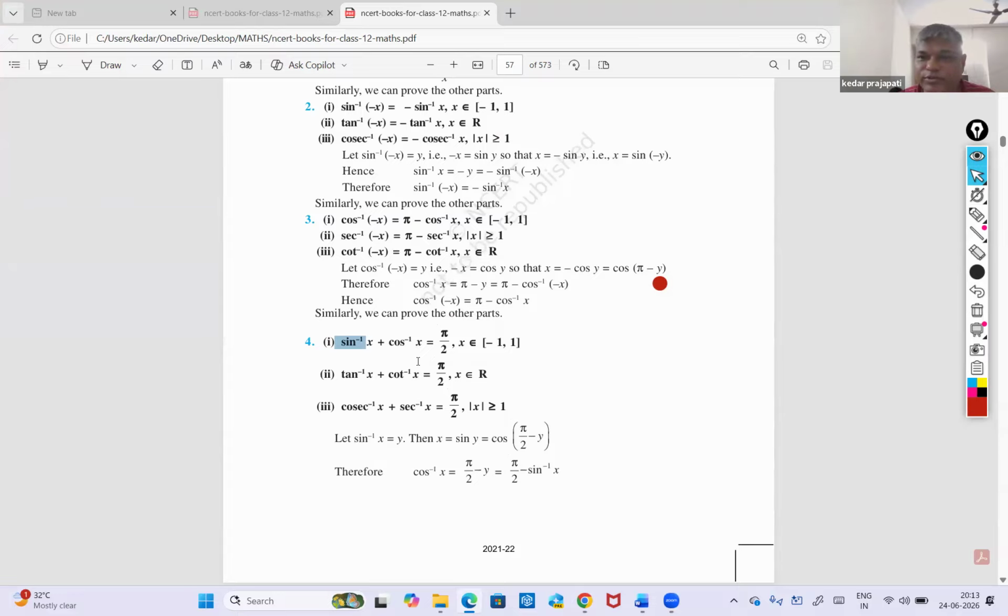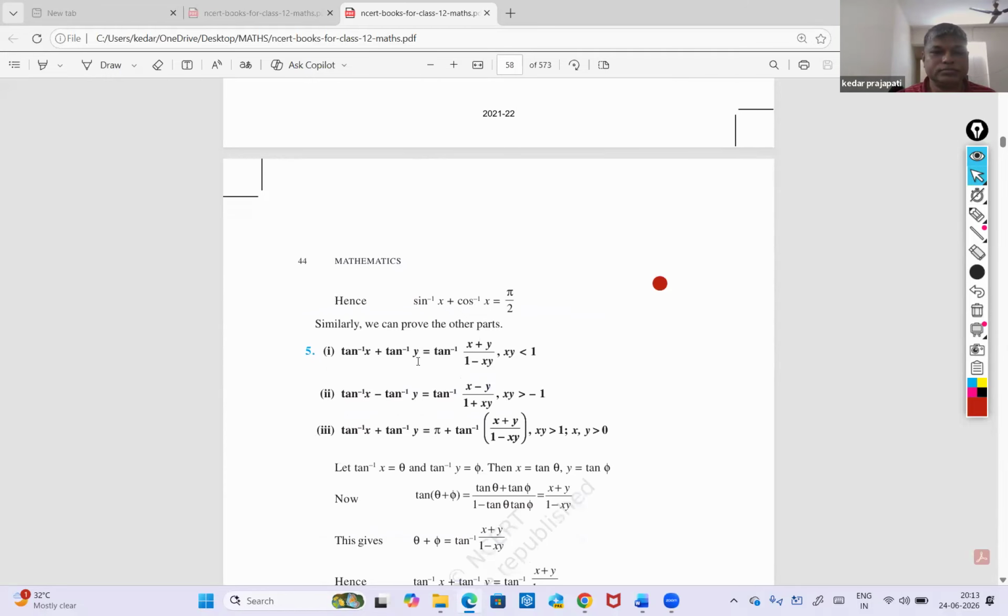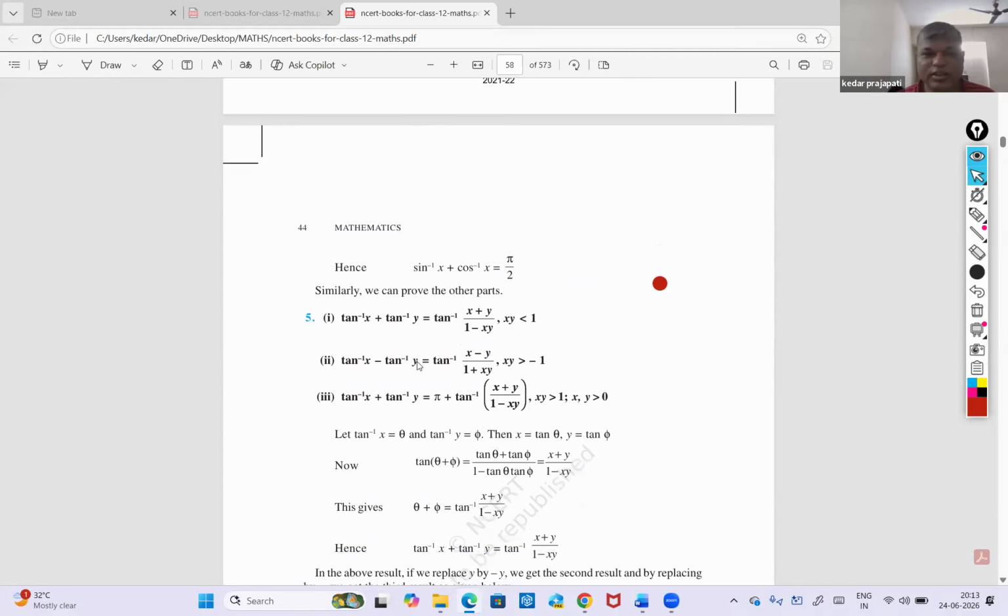Tan inverse x plus cot inverse x is pi by 2. And cosecant inverse x plus sec inverse x is pi by 2. Now, tan inverse x plus tan inverse y equals tan inverse of (x plus y) by (1 minus xy). Tan inverse x minus tan inverse y is like tan a plus tan b, tan a minus tan b, right?